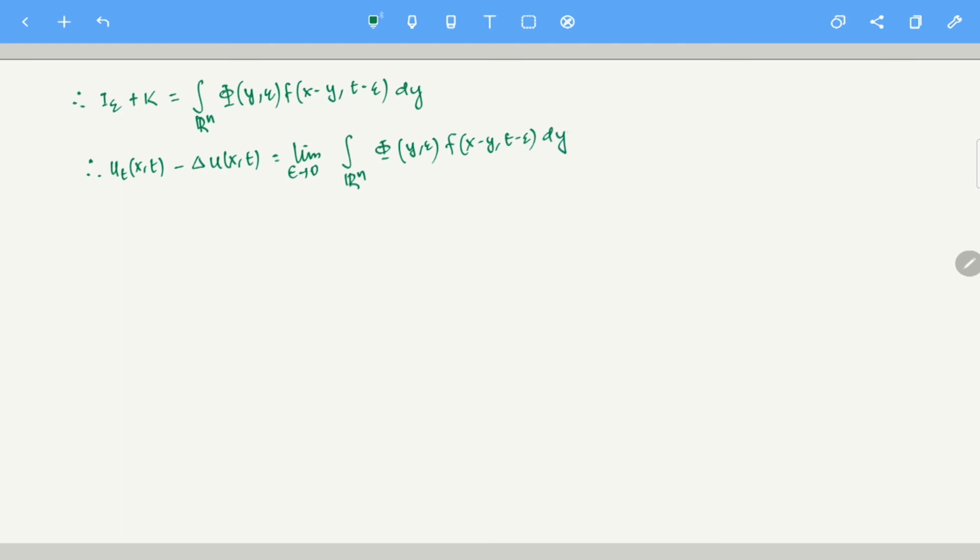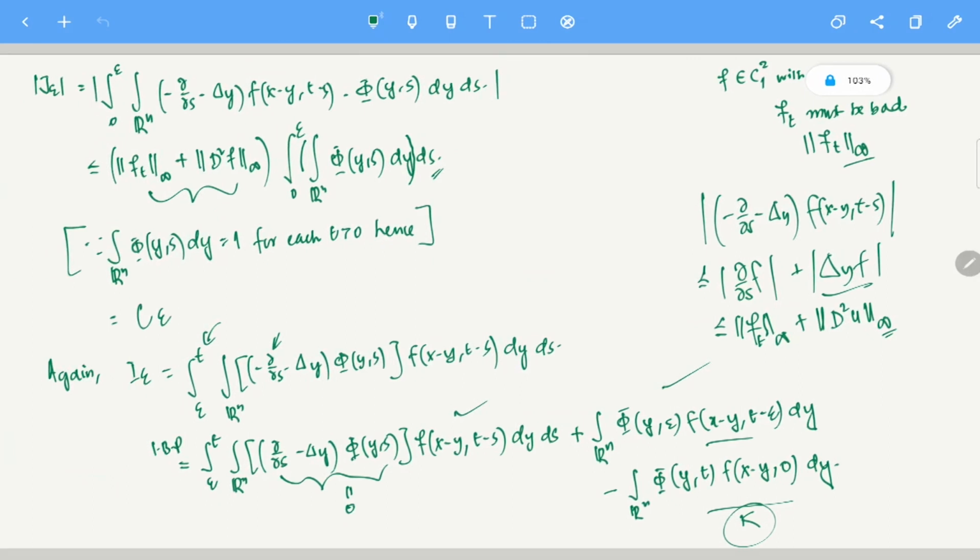This is what we are left with. What is remaining? J epsilon is c epsilon, right? As epsilon tends to 0, c epsilon goes to 0, so I do not have to worry about it.